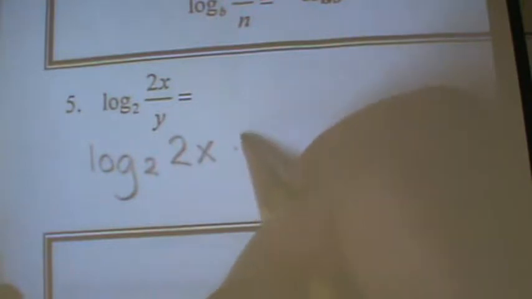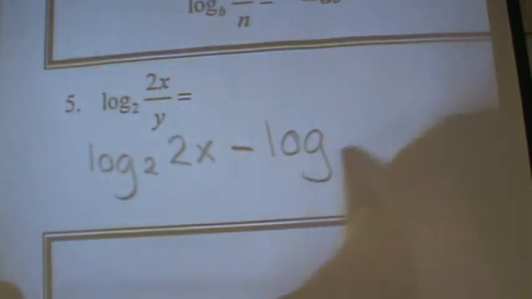Log of 2x, okay, we could write 2x. Go on, keep going. Plus log of y. Minus, remember, minus for division. Log of y base 2.